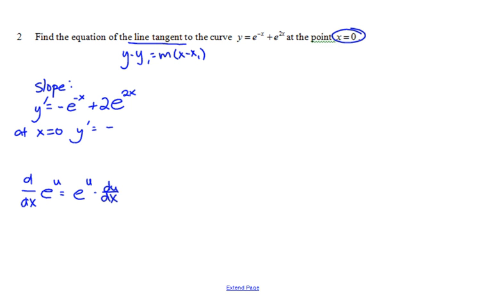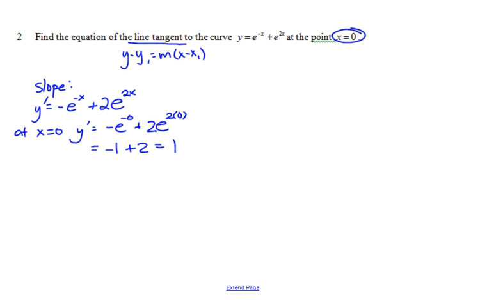E to the power of negative 0 plus 2 times e to the power of 2 times 0, which gives us 1 plus 2, or 3. And that represents what? Right, y prime always, from the 2nd unit to the 8th unit, it's not changing.